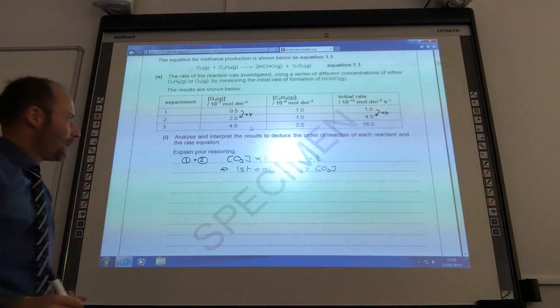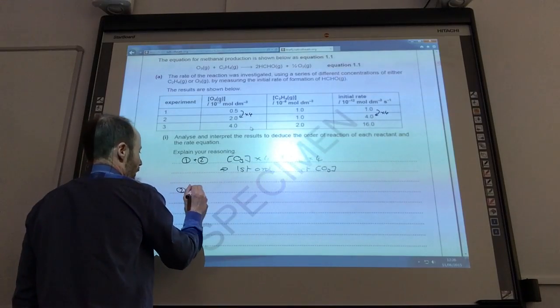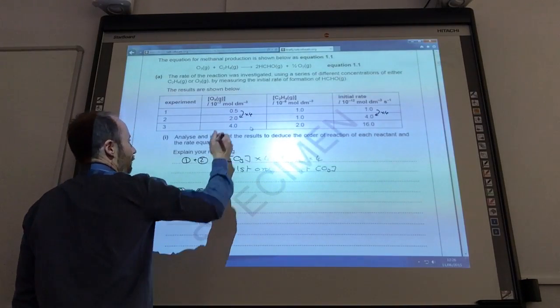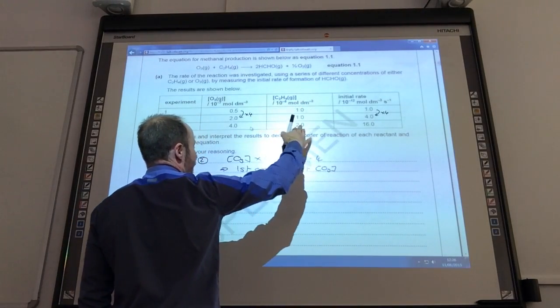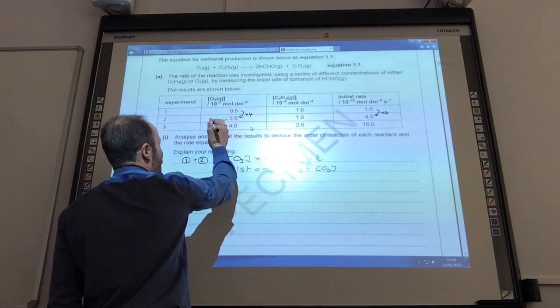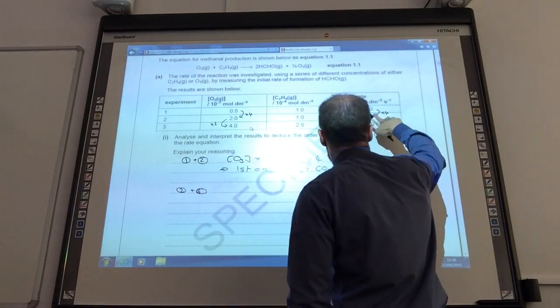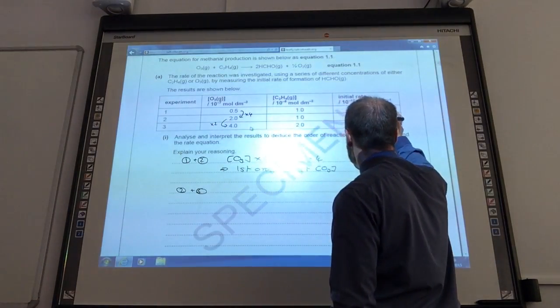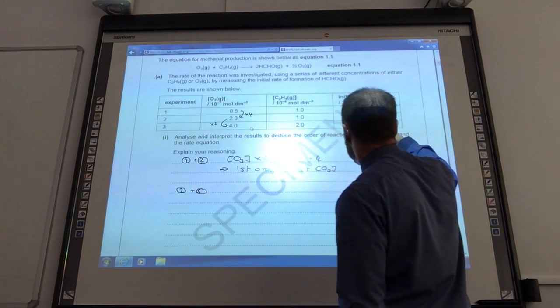The next one's a little bit more complicated. Let's have a look at experiments 2 and 3. I'm just going to ignore ethene for a minute. If I go from 2, I'm timesing the concentration of ozone by 2. So I'd expect, based on ozone doubling, the rate to double.